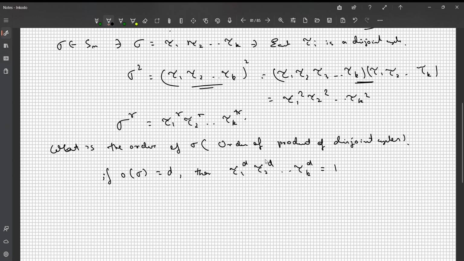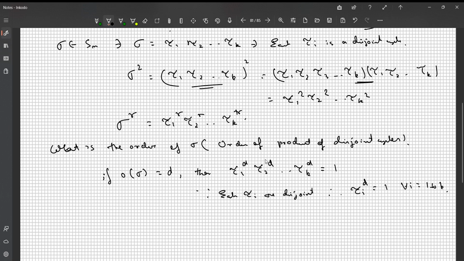Now obviously, if the order of sigma is equal to d, then tau 1 to the power d, tau 2 to the power d, and so on, tau k to the power d is equal to 1, right? But since each tau i is disjoint, therefore tau i to the power d must be identity for all i equal to 1 to k, right?